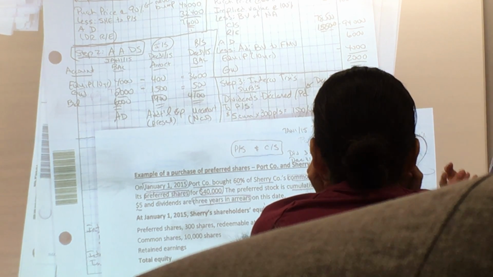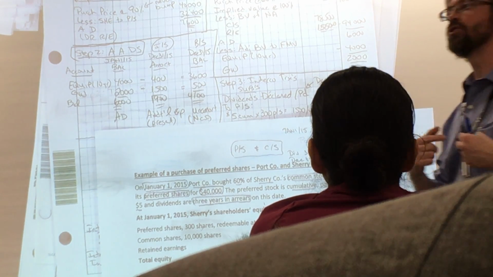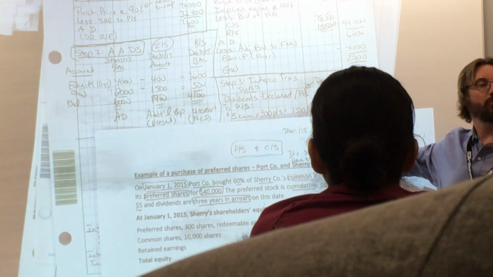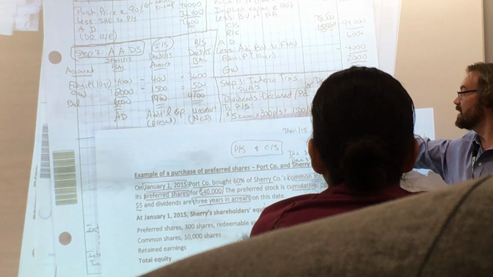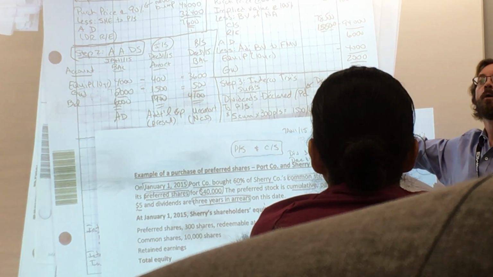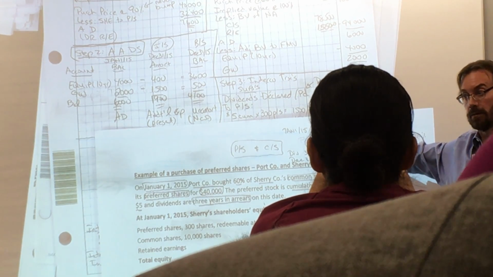We do those ones, and that's why I was reinforcing our time period. Our time period was January 1st of 15. When we pay dividends, when we're doing our financial statements, when we're doing the income statement is prepared when? On December 31st. So we see here, we have 3 years in arrears because this ending date is December 31st of 14, right? This is December 31st of 14.